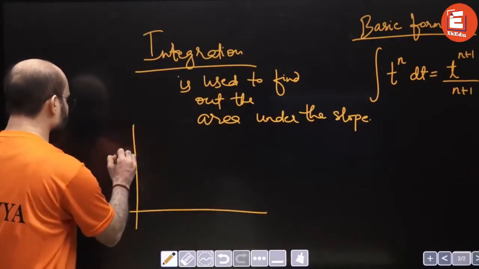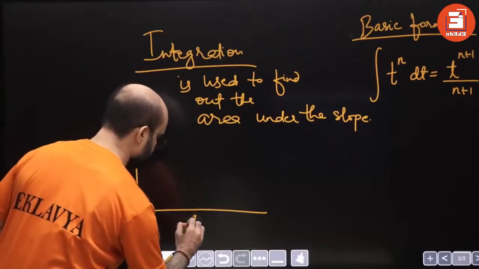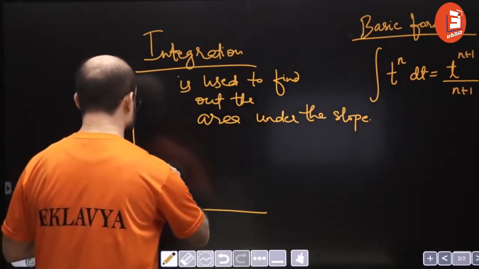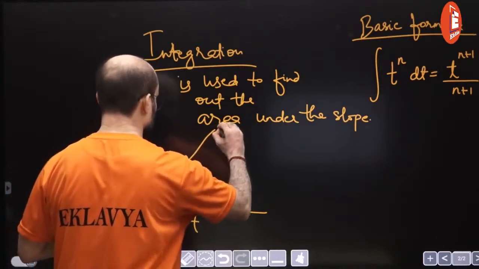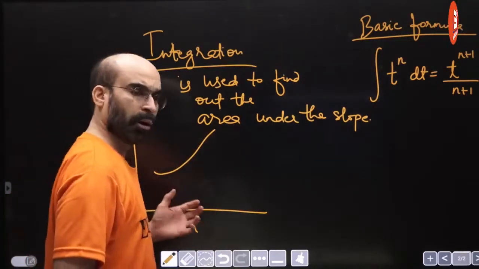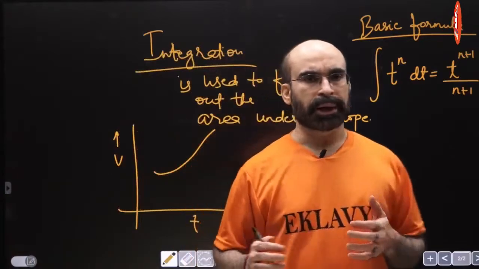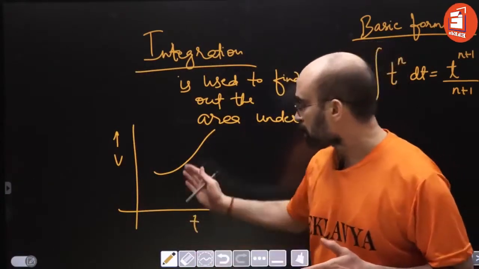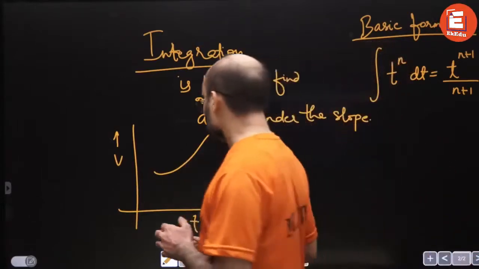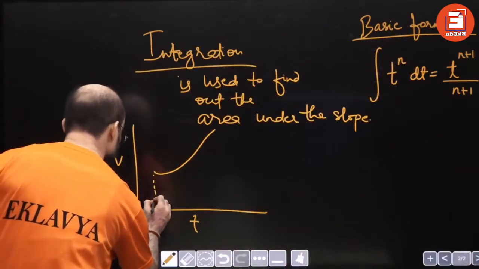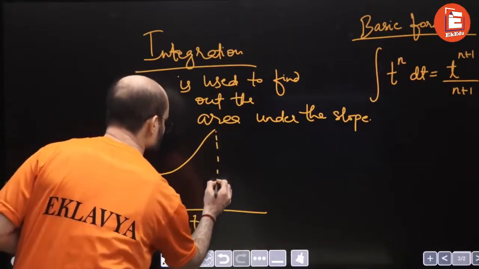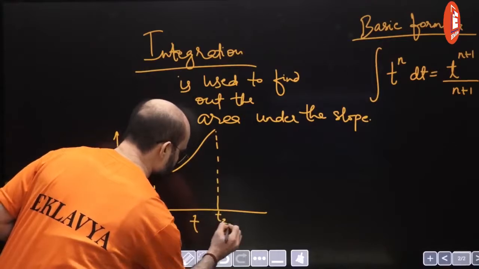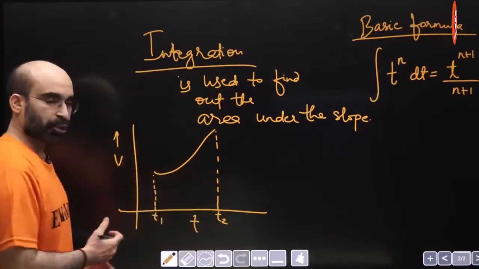Suppose you have a velocity-time graph like this, and let's say it keeps on increasing in this manner. You need to find out the area under the slope. How would you find it out? This is T1, this is T2, and this is the shape.